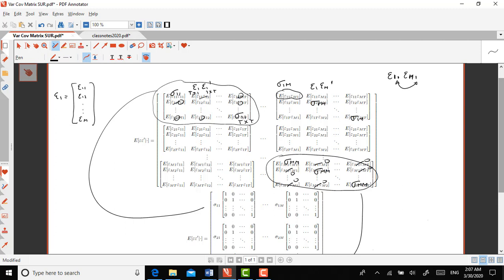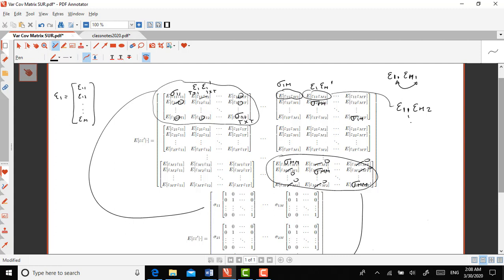Okay, but now let's look at this second element just for the sake of example. So we have the first equation, the first individual, and then we have the error of the n equation of the second individual. So remember that even within the same equation, we're assuming that the errors across different individuals are not correlated.